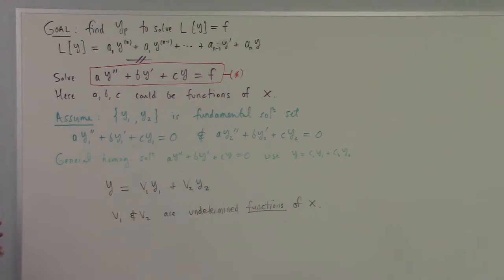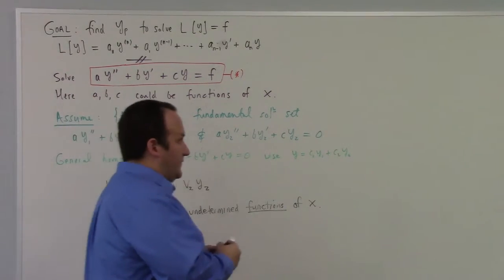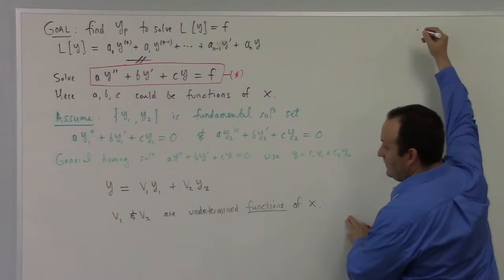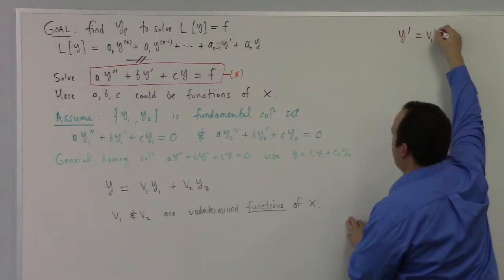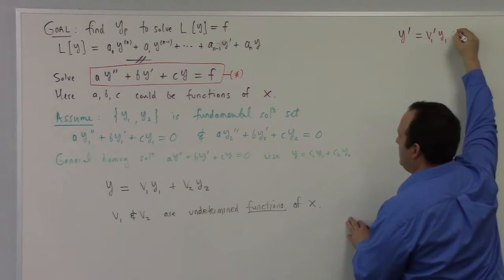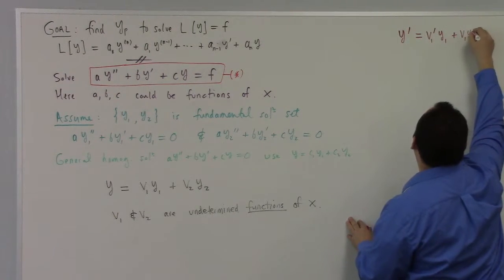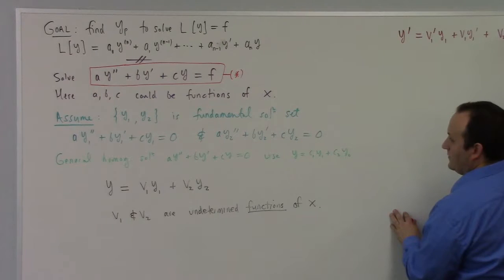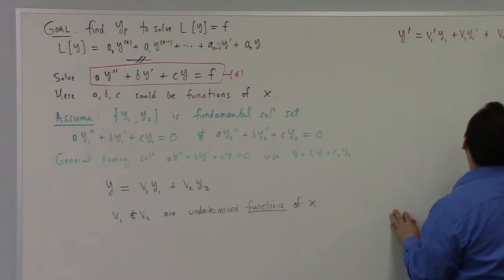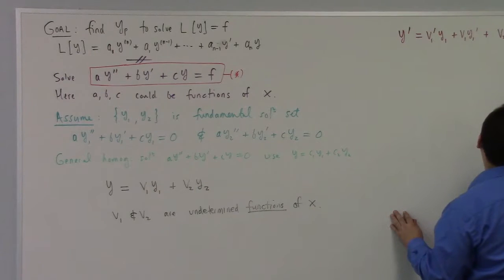Okay, so once you start down this path and make this guess, what do you do? Well, you plug it into the differential equation and see what happens, right? So let's do that. Before we can do that, of course, we need to differentiate. And so we've got y prime is v1 prime y1 plus v1 y1 prime plus v2 prime y2 plus v2 y2 prime.